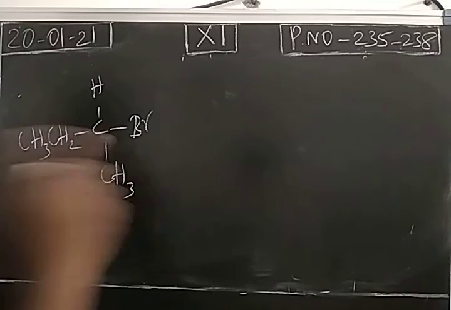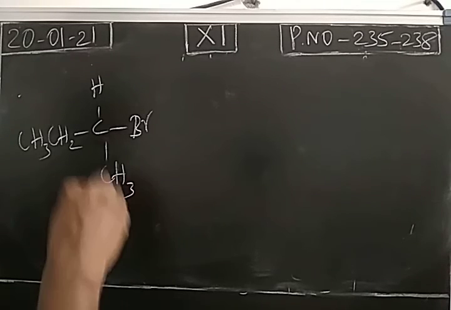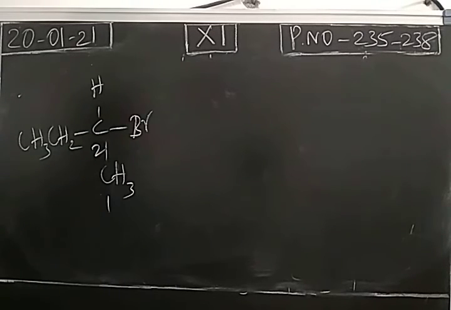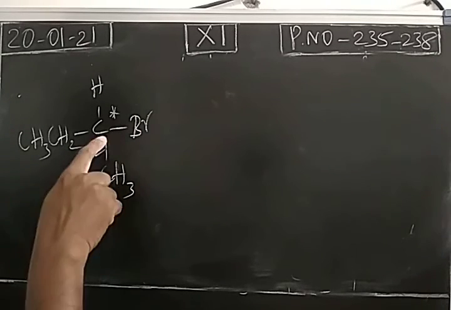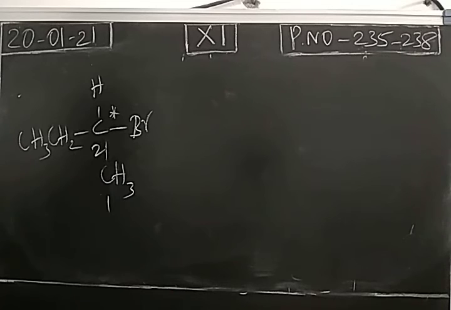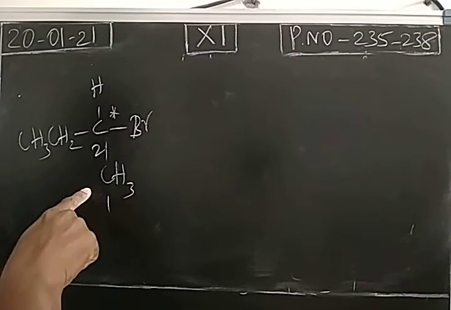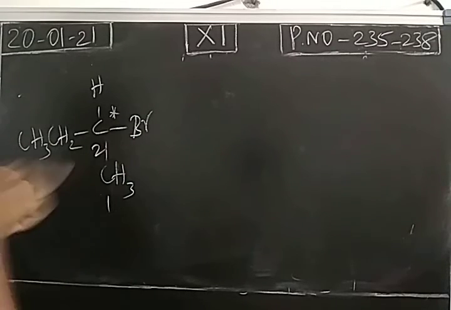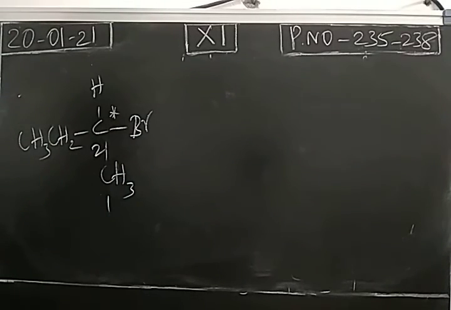So this is 2-bromobutane. At second carbon we have the halogen bromine. And this is an asymmetric carbon or chiral carbon. The carbon is bonded with 4 different atoms or groups: methyl group, bromine, hydrogen, ethyl group. So this is an optically active compound because of the asymmetric carbon.